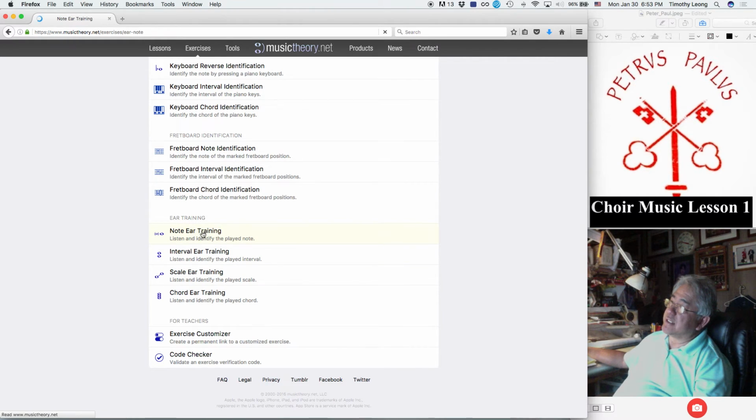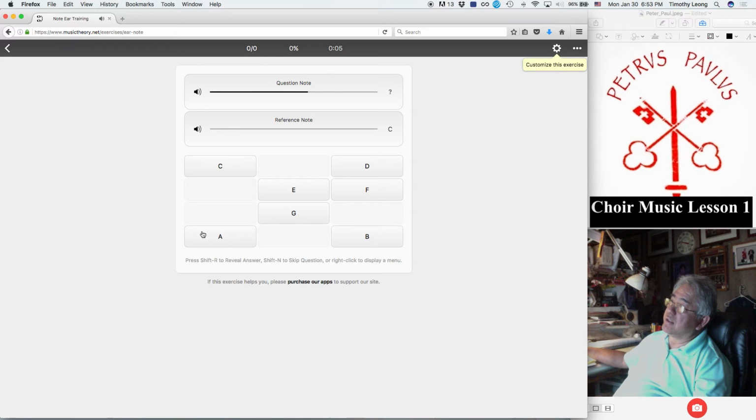So this is note, question note, da da. So C, and then lower by how many notes? C, lower, C, B, A, G.